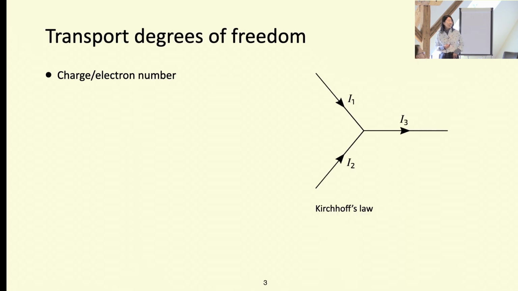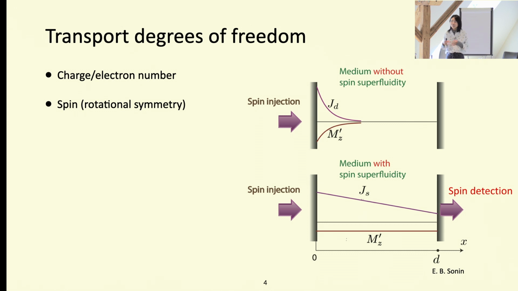Okay, so very crudely speaking, to have long-range transport, we would like to have some conserved quantity, and charge or electron number is one. And when you have rotational symmetry, angular momentum is conserved. In the most ideal typical case, you have spin superfluidity, where spin is good for long-range transport.